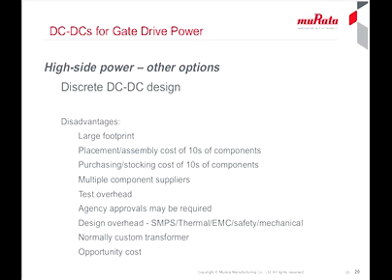The total cost should be evaluated, which includes real but difficult to evaluate benefits, such as savings in size, production costs, overheads in production, test and purchasing, approvals, as well as design and opportunity costs. Opportunity cost, that is the cost of a lost business waiting for a discrete design to be developed.